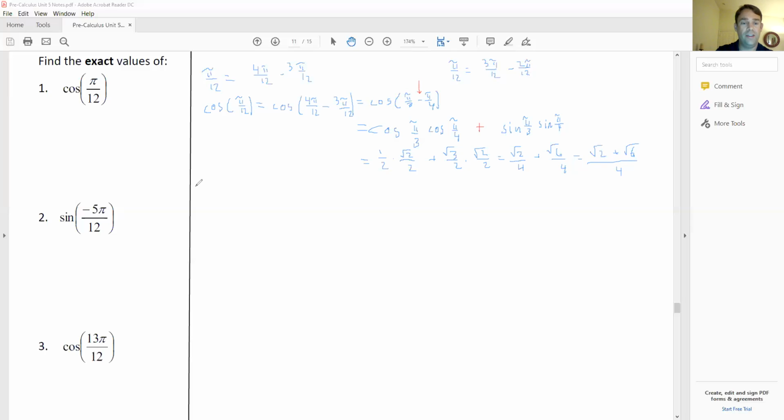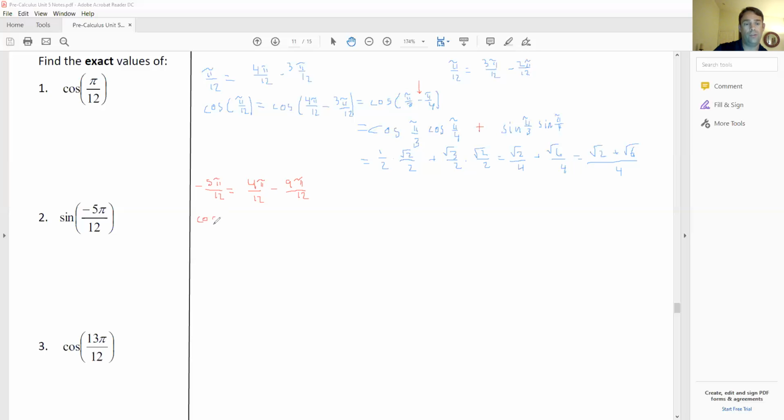All right, let's see how you guys did here. So negative 5 pi over 12. Well, if I'm looking at this one, friends, I'm going to think to myself, what if I did 4 pi minus 9 pi? And again, you could have picked different values. Doesn't matter. As long as they both reduce and they give me the sum or the difference I want, you will always end up getting the same value no matter what angles you choose.